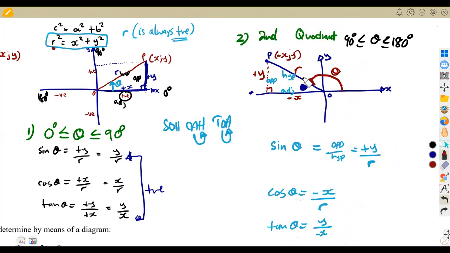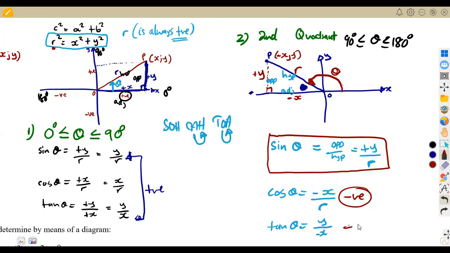In this region, from 90 to 180 degrees, it is only sine which is positive. Cos is a negative value, tan is a negative value. So you are going to see that happening in each and every quadrant.